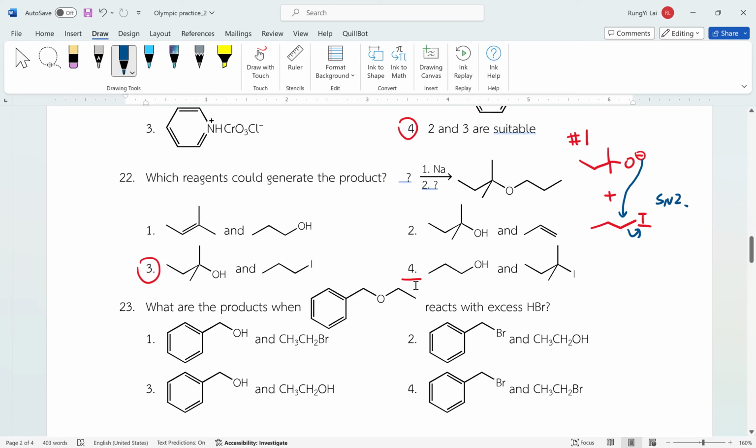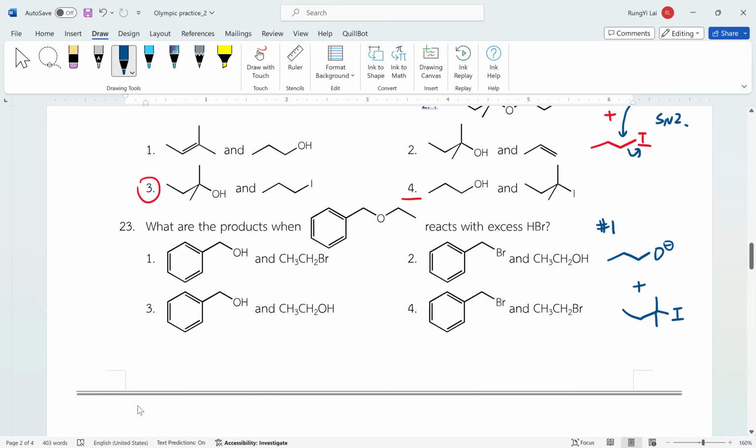However, if you choose number 4, your first reaction gives you this one. And then if you let it react with this one, you will not undergo an SN2 reaction. You will undergo elimination.